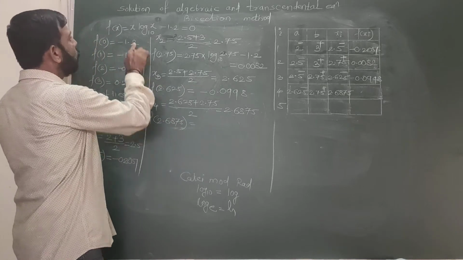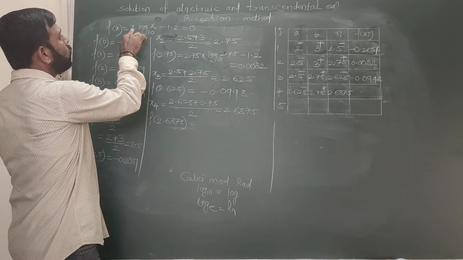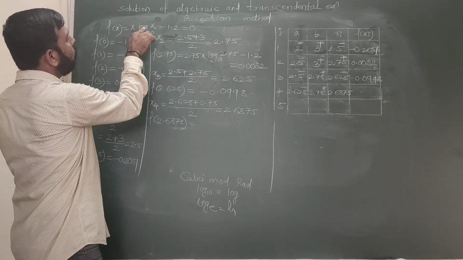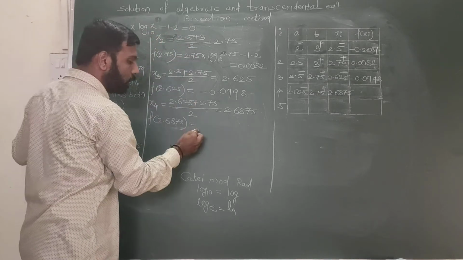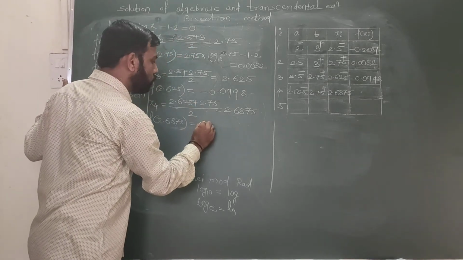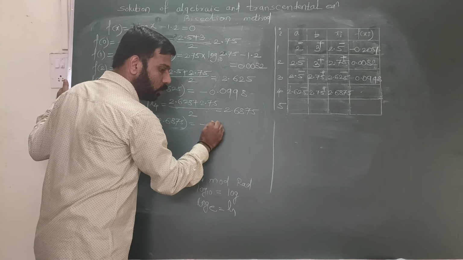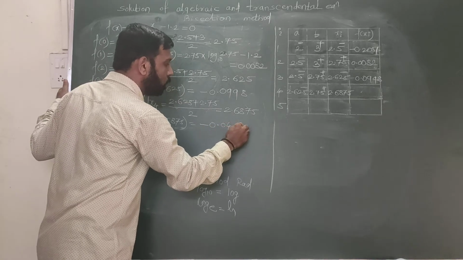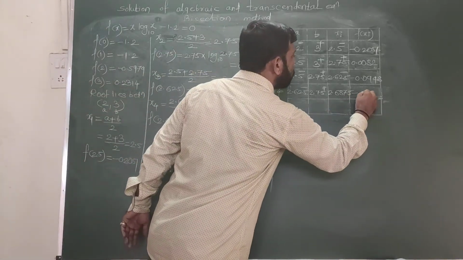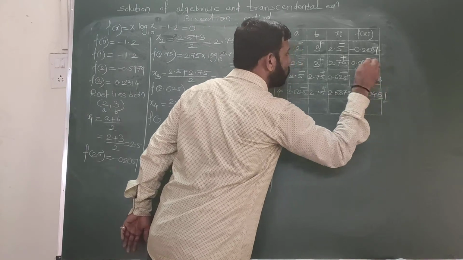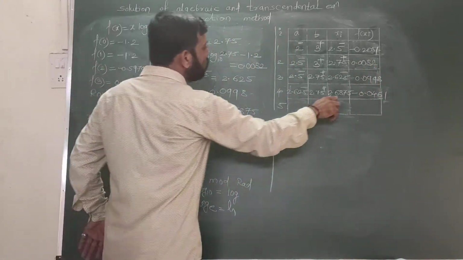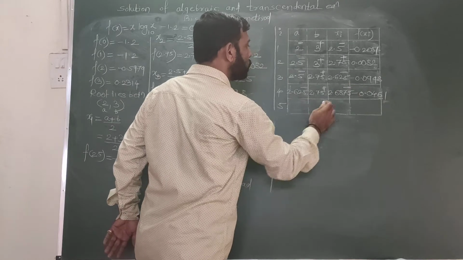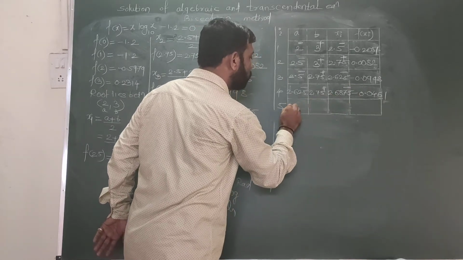We substituted this value: 2.6875 log of this minus 1.2, and we get minus 0.0461. So this is minus, again the two opposite terms in the next line.